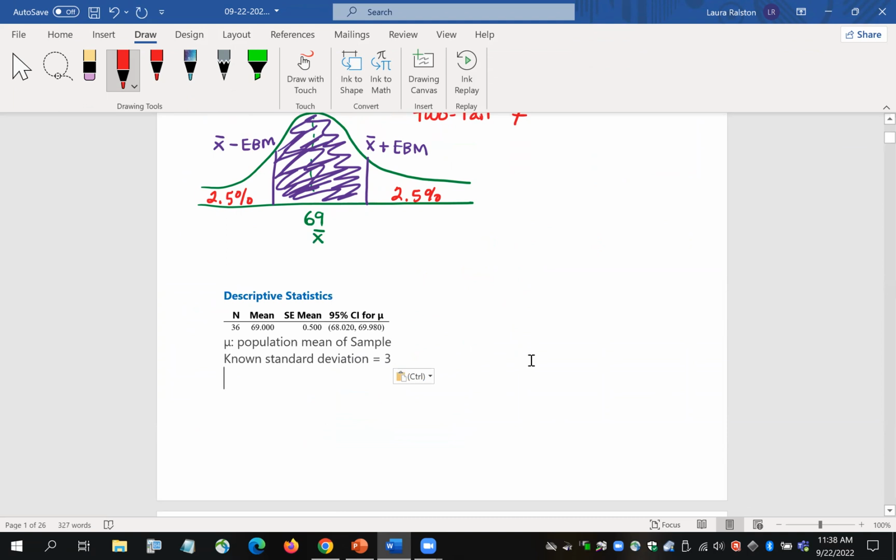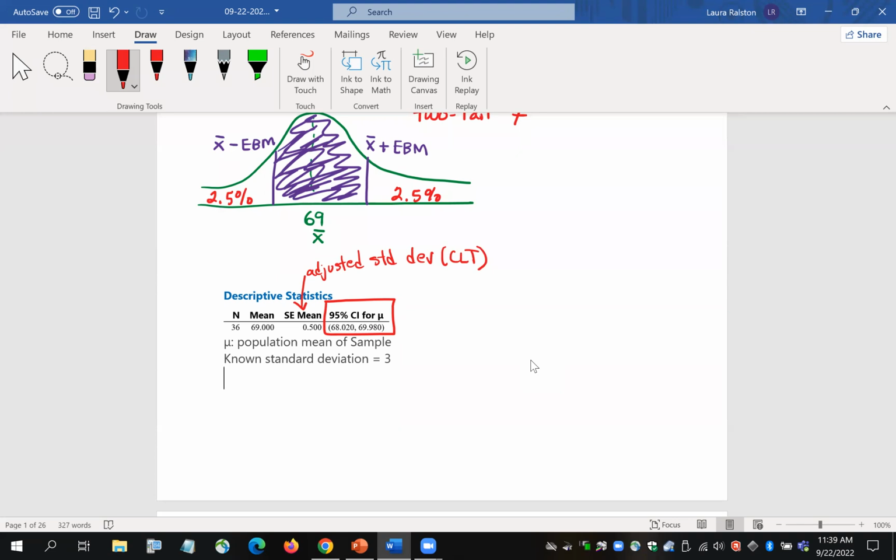Okay, so it tells you here that your sample size was 36, the mean was 69, and then here is my confidence level. This piece right here is your adjusted standard deviation from the central limit theorem.